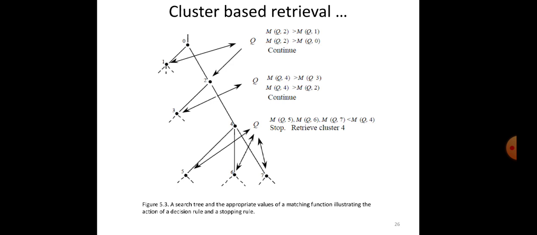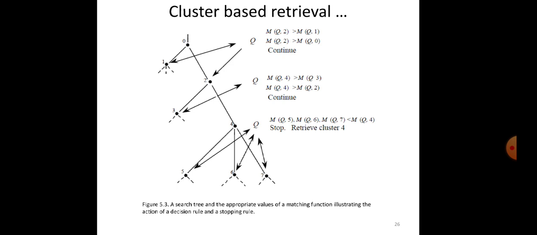Again in the second layer, we calculate MQ3 and MQ4 and compare their values. That is, if MQ4 is greater than MQ3 and MQ4 is greater than MQ2, and that condition is satisfied, we again continue searching. In the third layer, we calculate MQ5, MQ6 and MQ7.